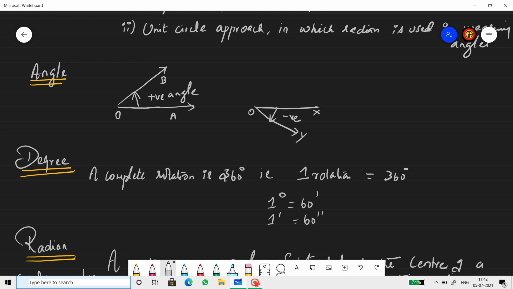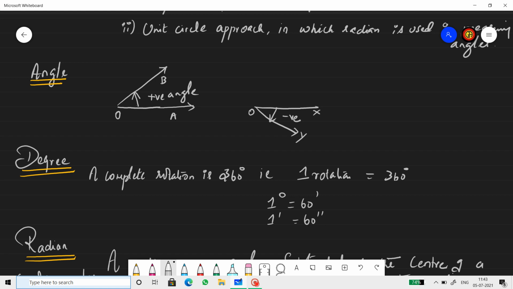Let the revolving line OA rotate about a point O and rest at OB.